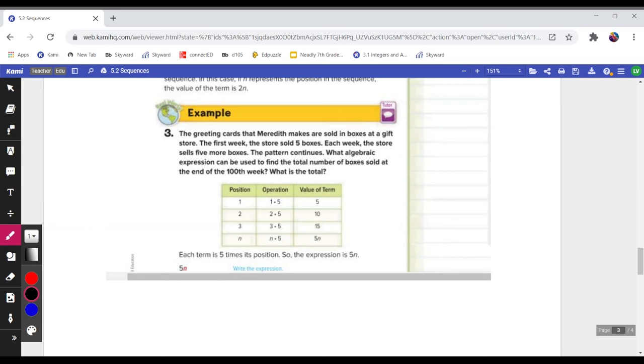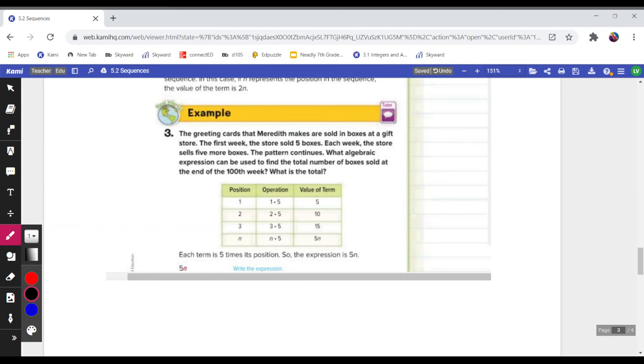Well, each term is 5 times its position. So the expression is 5 times n. If you notice, it says n times 5, but we always want to put our number in front of our variable. The number is called the coefficient. The coefficient goes in front of our variable. So we want to write the expression.